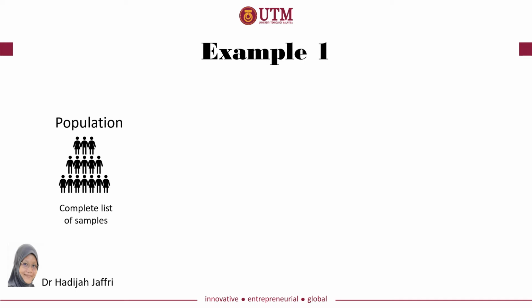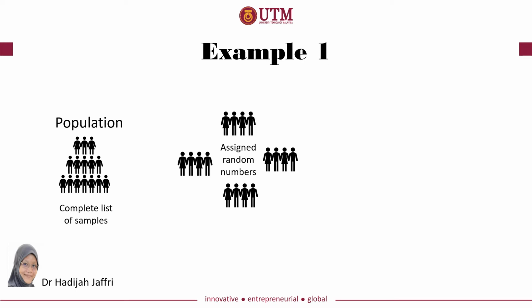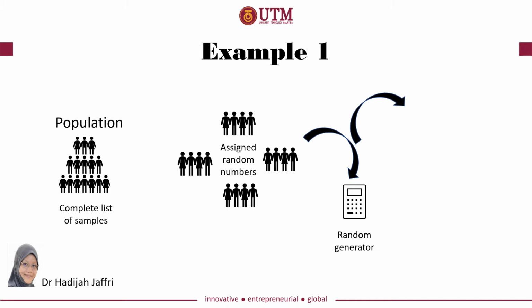For example, we can assign numbers to all samples and then, using a random number generator, we choose random numbers in which the samples are assigned to. We do this until we get the desired sample size that we have determined earlier according to the confidence interval for margin of error.